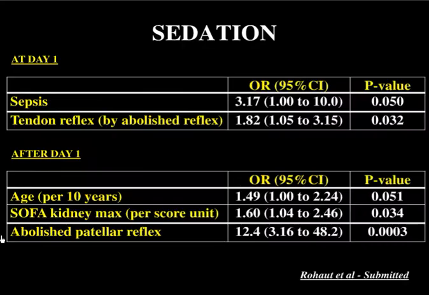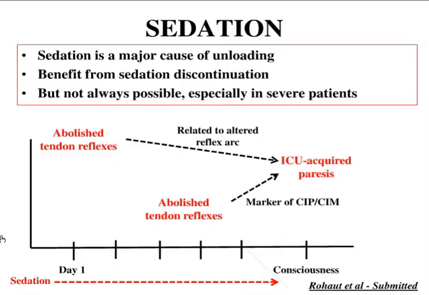And the examination under sedation is also good for predicting critical illness neuromyopathy, which is known to be associated with bad outcome. And we have found that the abolition of tendon reflex is associated with the occurrence of ICU acquired paresis. And there are 2 explanations.